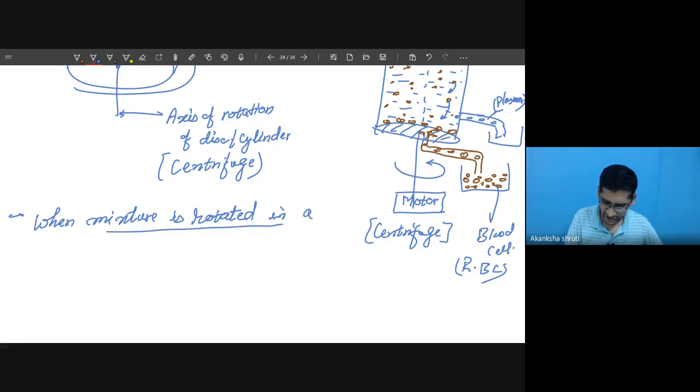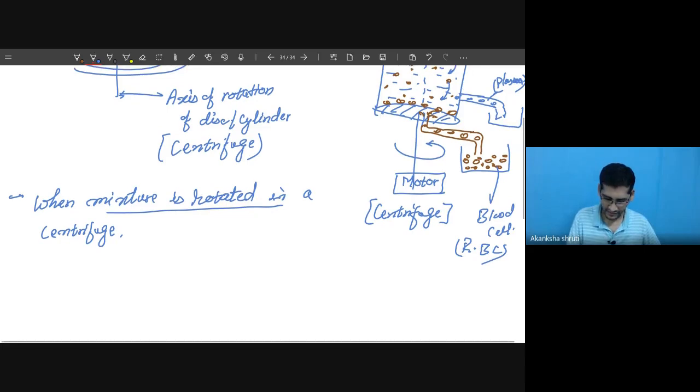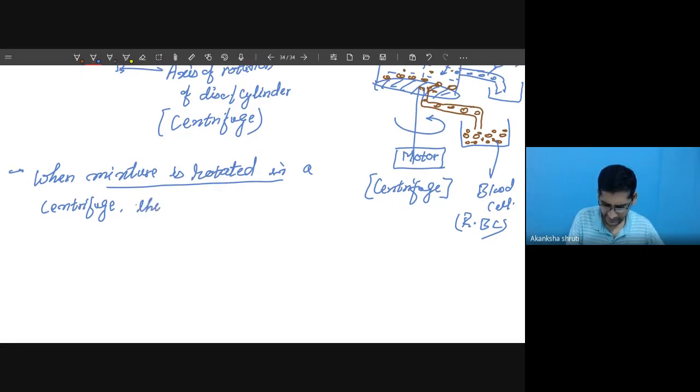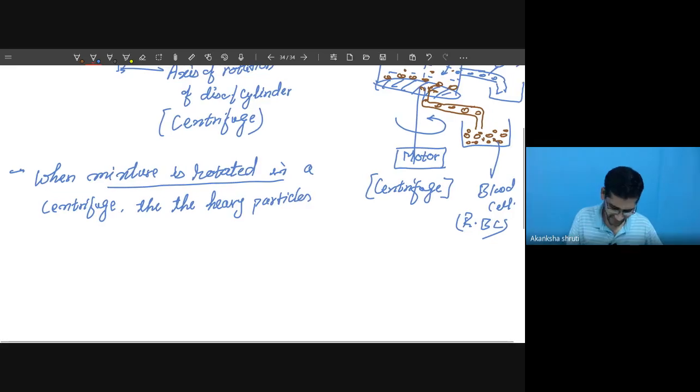So when the mixture is rotated in a centrifuge, then the heavy particle moves downward. It is not settling.